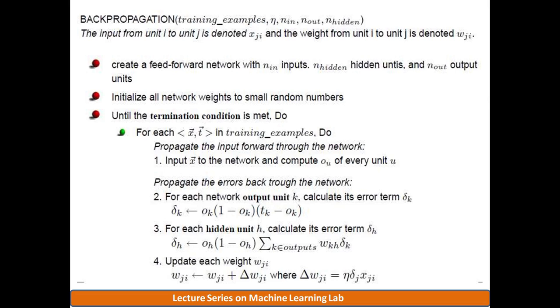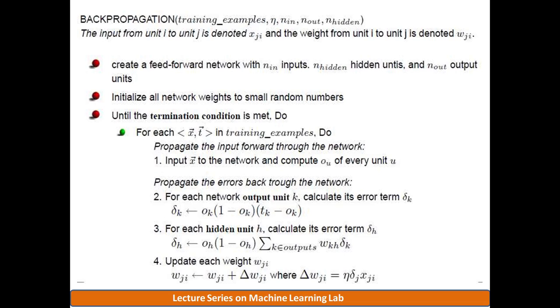So what is a backpropagation algorithm? As we have seen, backpropagation is a learning algorithm which adjusts the weights that are available in the network. The backpropagation algorithm has two stages.